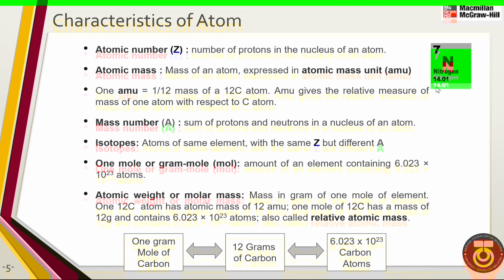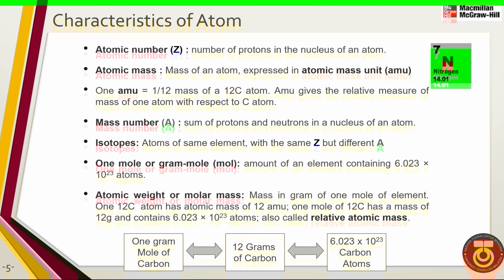So here the mass number is 14. Okay, it is at the bottom of this element, and the atomic number Z is 7 for nitrogen in this case. Okay, if you look at the periodic table, you will see that the atomic number, which is the Z value, is at the top, and the mass number A is at the bottom.